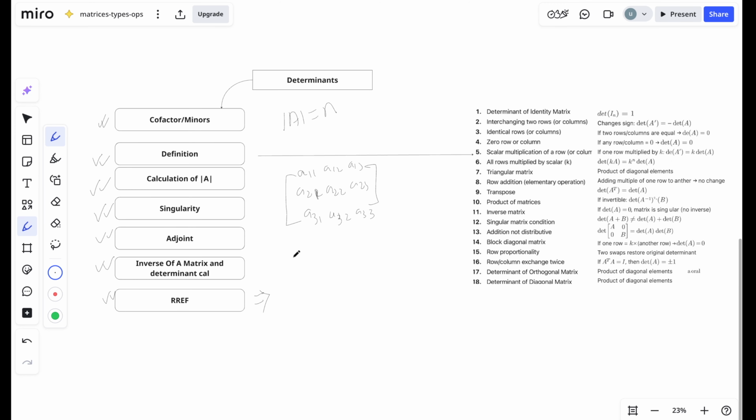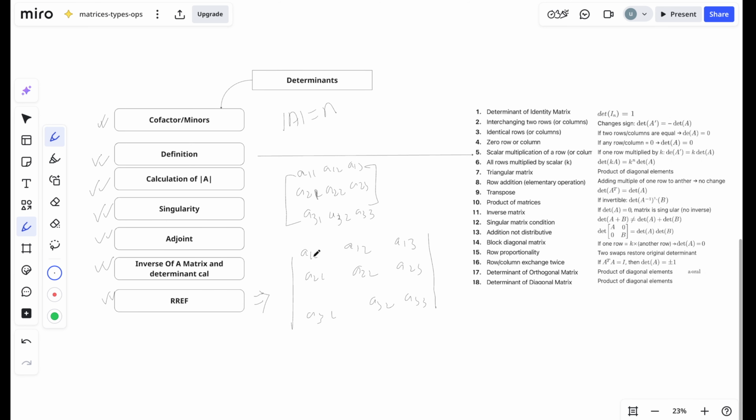If we consider its determinant, it's A11, A12, A13, A21, A22, A23, A31, A32, A33. Then the minor is basically a subdeterminant of order n minus 1, which is obtained by basically leaving the ith row and the jth column of determinant A.